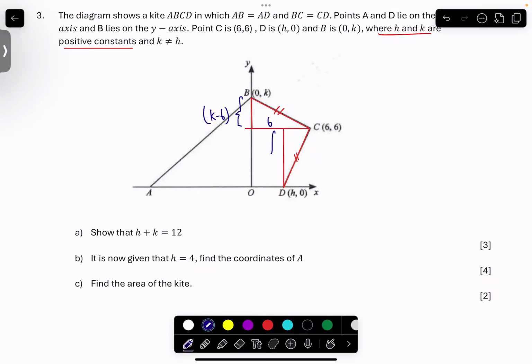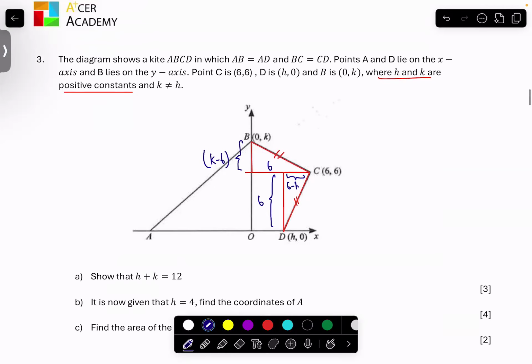This part over here is 6, and this is 6 minus h, because h is definitely smaller than 6, so it must be 6 minus h. k must be greater than 6, so it must be k minus 6.